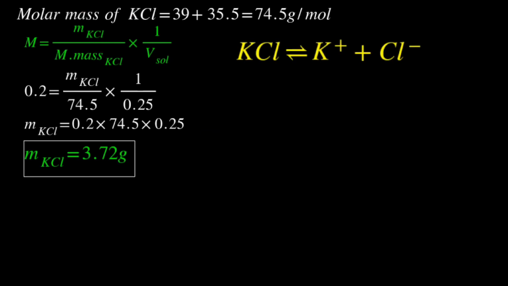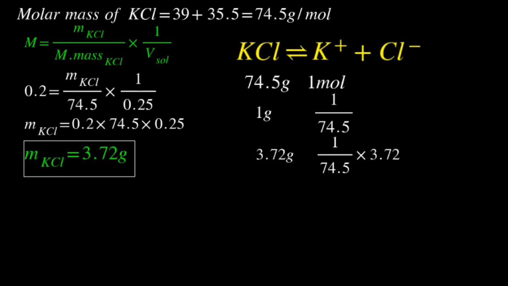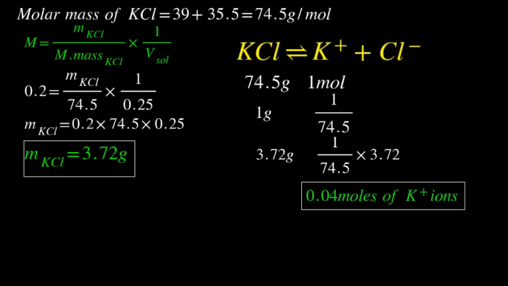When the solution is prepared, potassium chloride is ionized as K positive and Cl negative ions. 1 mole of potassium chloride equals 74.5 gram per mole. So 74.5 gram per mole will yield 1 mole of potassium ions. 1 gram will yield 1 by 74.5, and 3.72 grams will yield 0.04 moles of potassium ions.